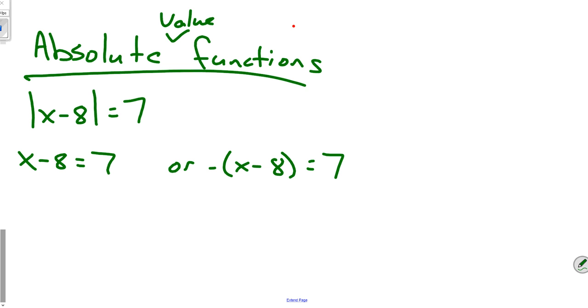Because with an absolute value function, the answer can either be positive or negative. So you split it into two. You guys remember this? Yeah. No.